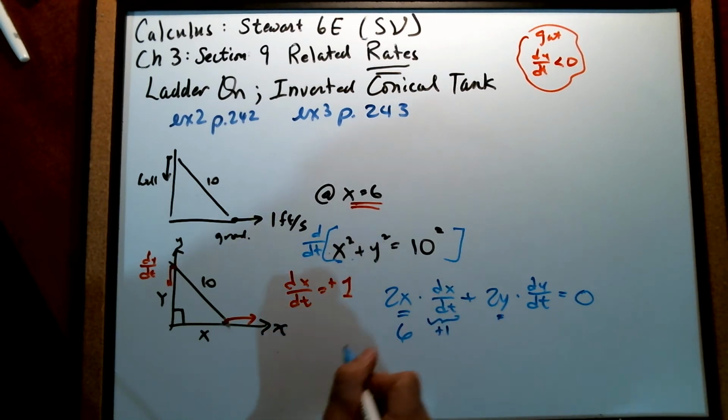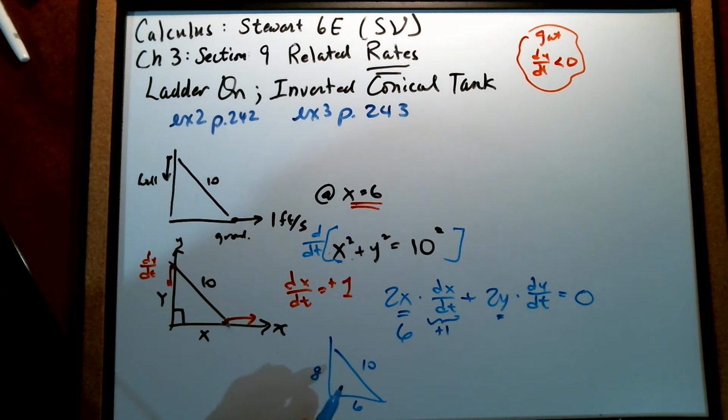What's my y value? So when this is 6 right here, it's going to be 8 because it's a 3, 4, 5 triangle. Or we could use a squared plus b squared equals c squared. 6 squared plus b squared is equal to 100. Subtracting 36 from 100, b squared is equal to 64. So b is equal to 8.